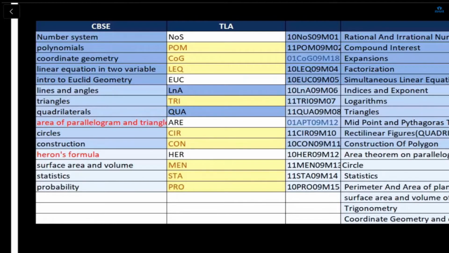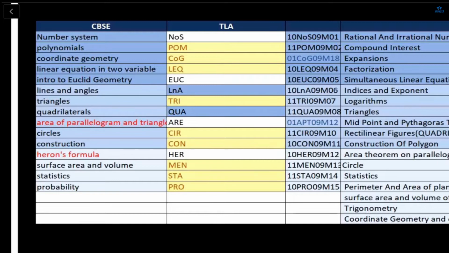So what are the chapters in your half yearly, Advika? Can you tell me just quickly? Yeah, your voice is not very clear, Advika. Are you trying to say something?